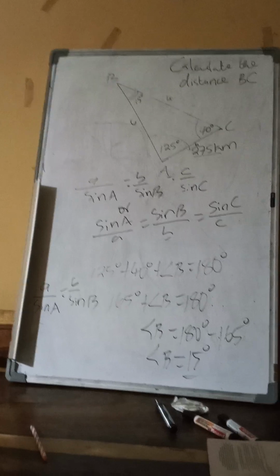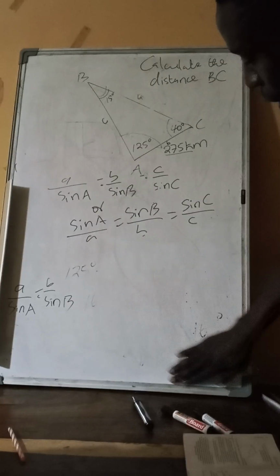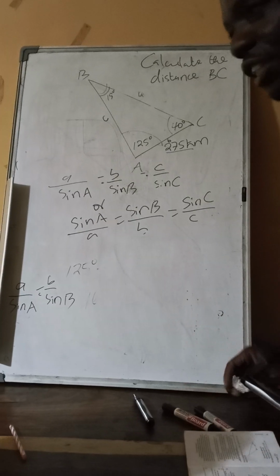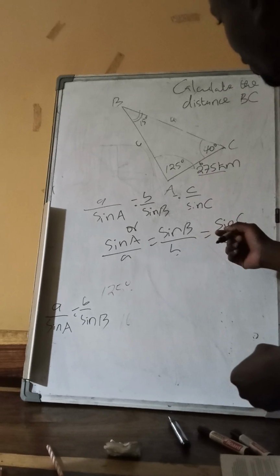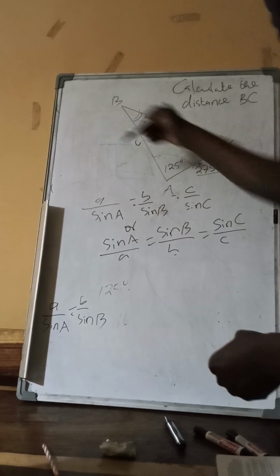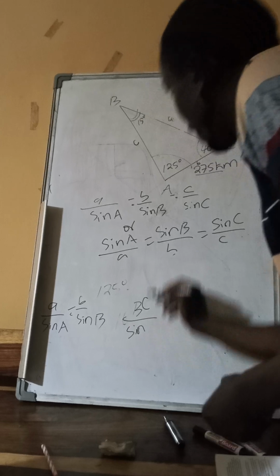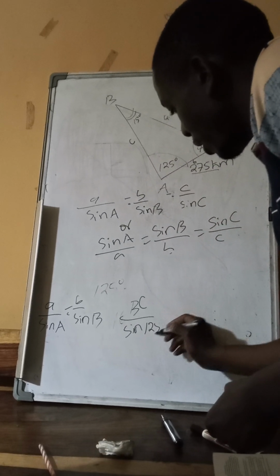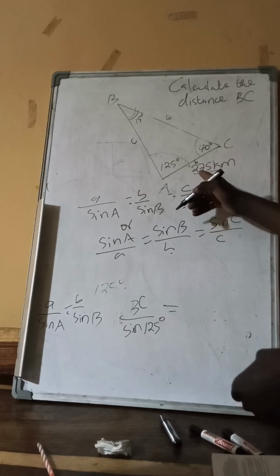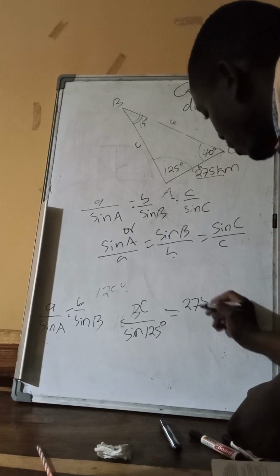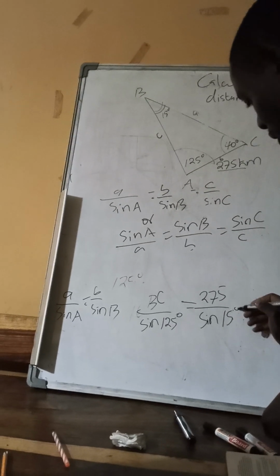So where there's a, I can put BC over sine A. Angle A is 155. So BC over sine 155 is equal to b, which is AC, represented by 275, over sine B. My angle B is 15, so sine 15. Are we together?